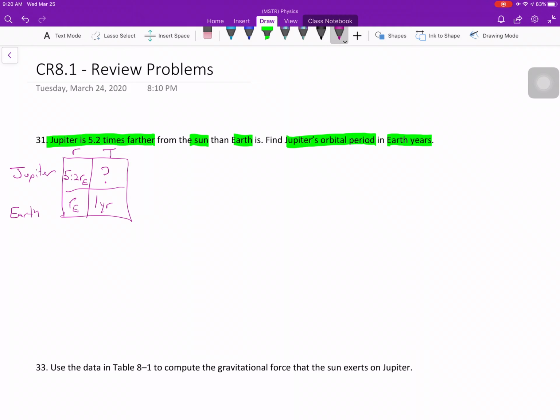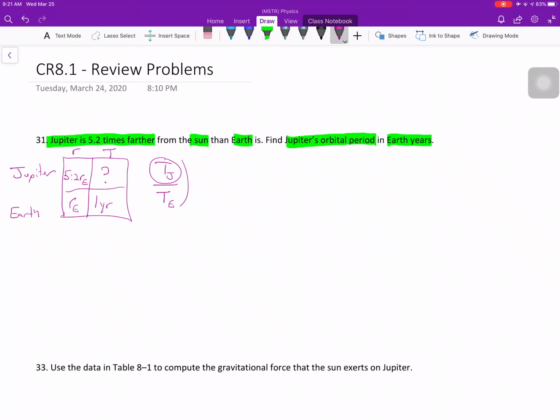Now that we have our data, now we've got to assess which formula is going to be best used here. And Kepler's third formula is the best. So we're going to talk about the relationship between the two periods, the period of Jupiter and Earth. And the reason I'm putting this on top is because that's what we're trying to solve for.